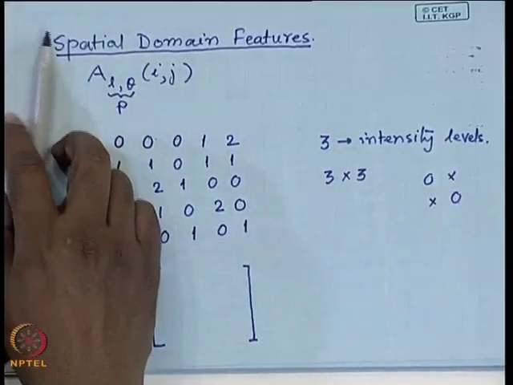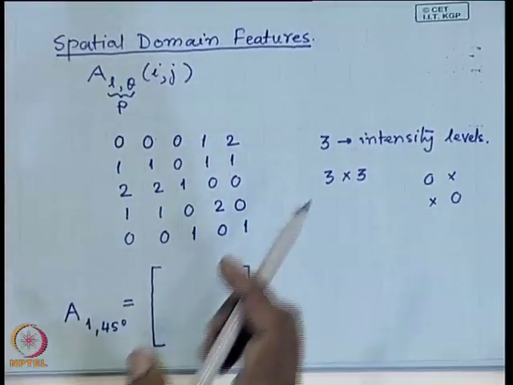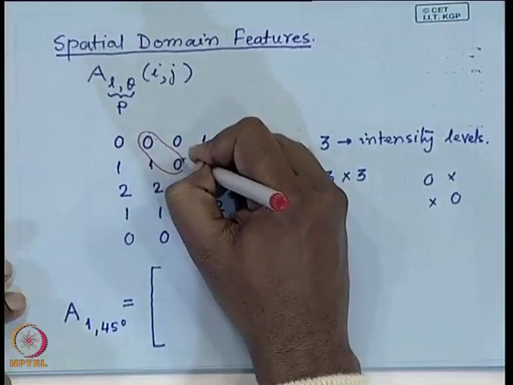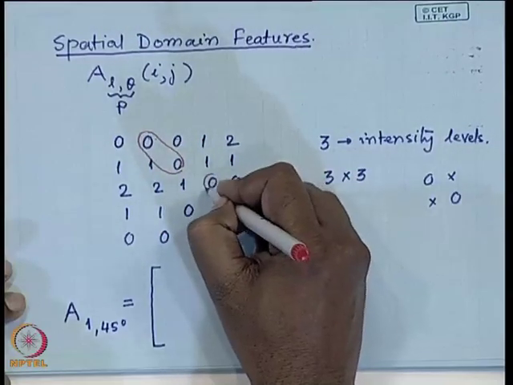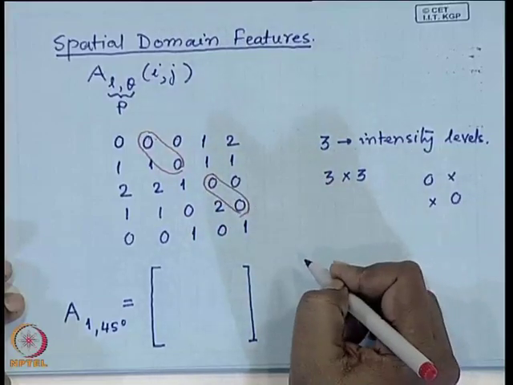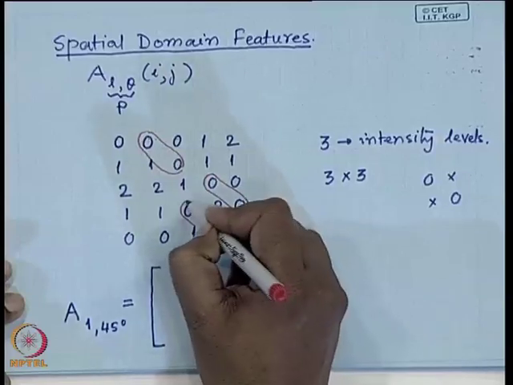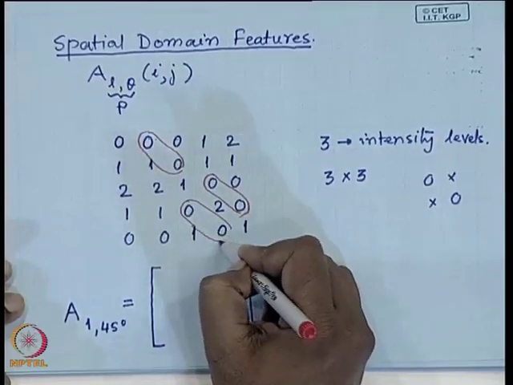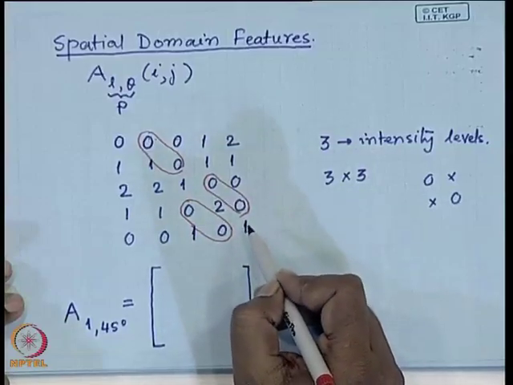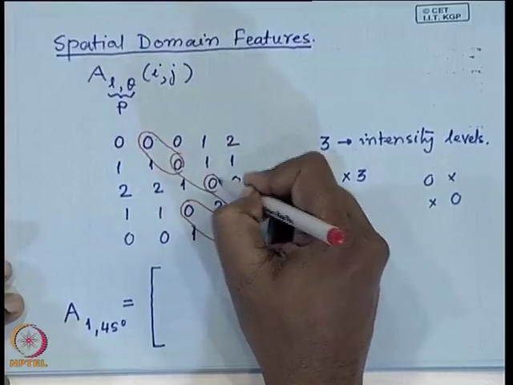When you come to this sample image, you find that this kind of combination I have one over here, one over here, one over here, and of course this one.